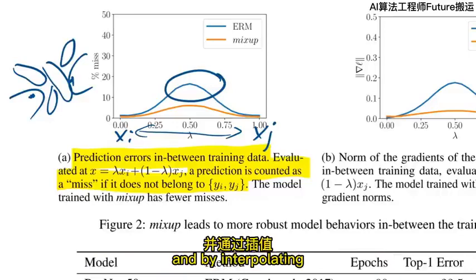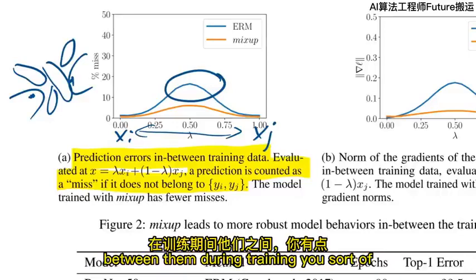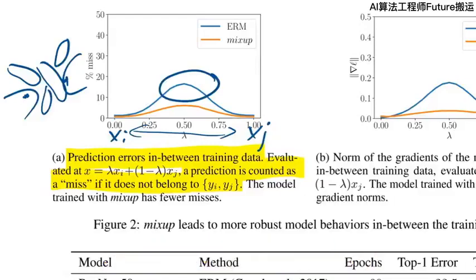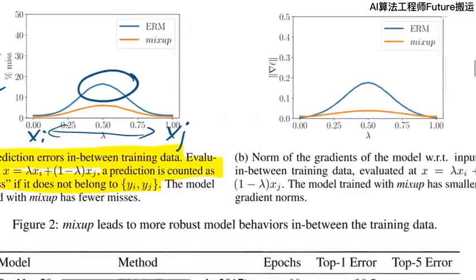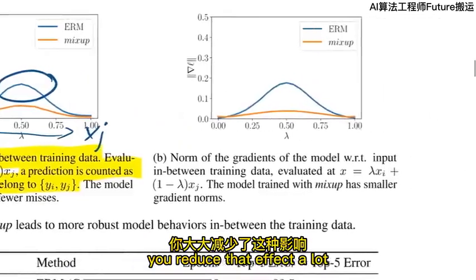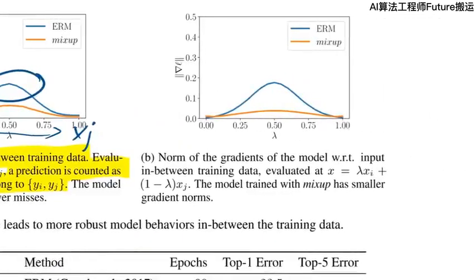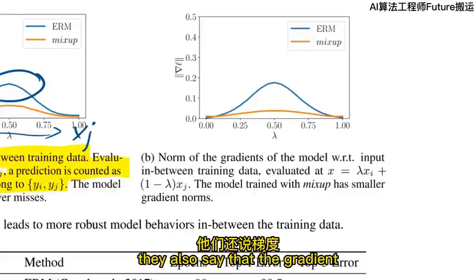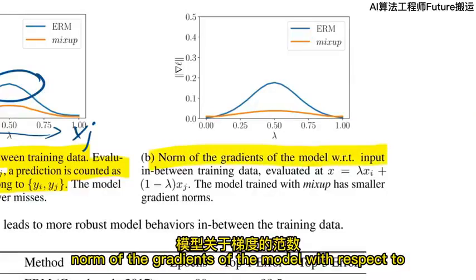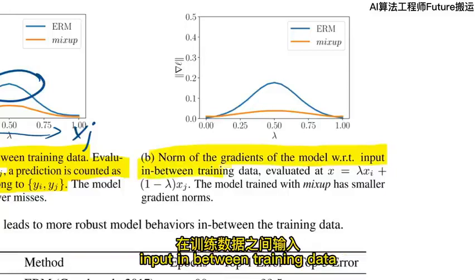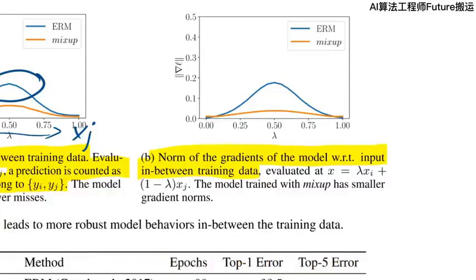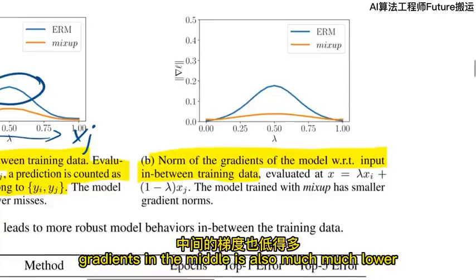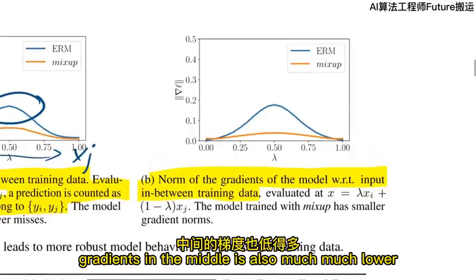And by interpolating between them during training, you much reduce that effect. Now, they also say that the gradient norm of the gradients of the model with respect to the input in between training data, the same thing happens. The norm of the gradients in the middle is also much, much lower.